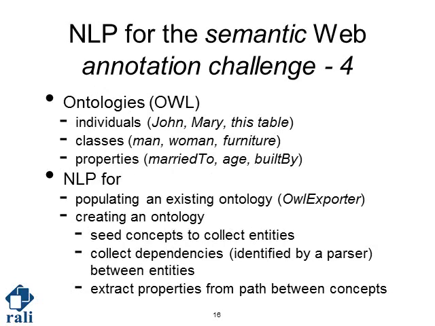And also for NLP for the semantic web, so for ontologies. Ontologies are also very important in the semantic web. In ontologies you have to find the individuals, for example, John, Mary, this table, and you have to find classes.